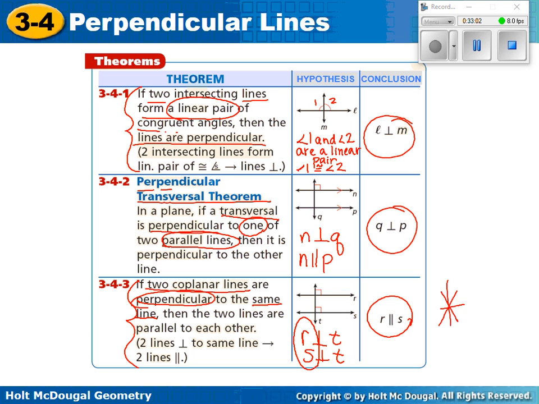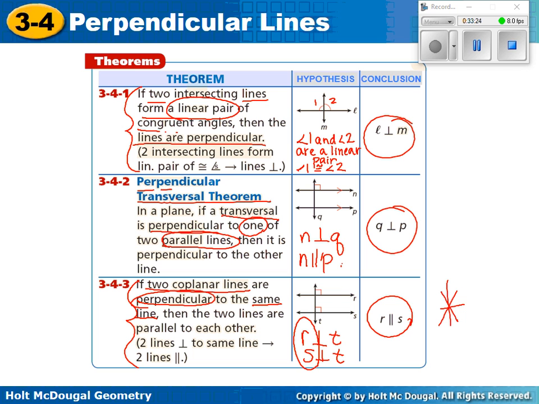So if a transversal is perpendicular to one of two parallel lines, then the transversal will be perpendicular to the other line. So the transversal again was Q, so now we're saying Q will be perpendicular to the other line, P. So the two left over here, not in common, will now be perpendicular.